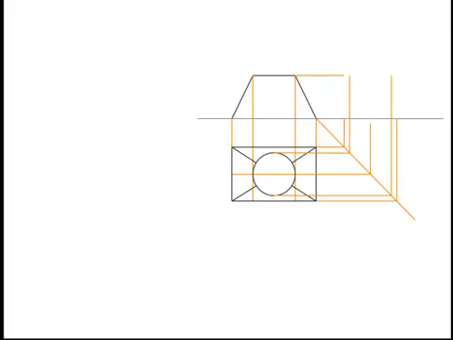We use the widths from plan, rotated up, to help construct the end elevation, like so. We now bring across our construction line. This will help towards the development of the transition piece.